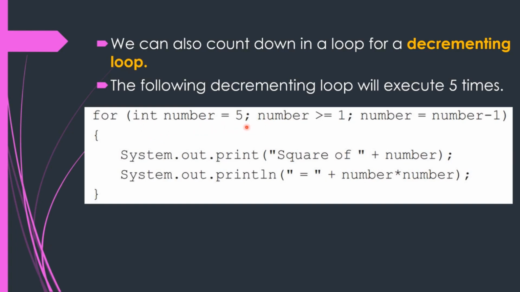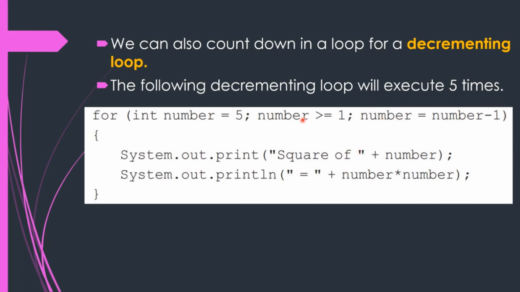So first of all the test condition will be tested on the initialized value, means it will be tested whether 5 is greater than or equal to 1 or less than 1. Since 5 is greater than or equal to 1, the statements are printed, and then after this, the step number is equal to number minus 1 takes place.